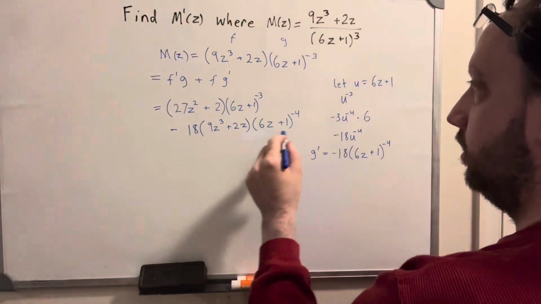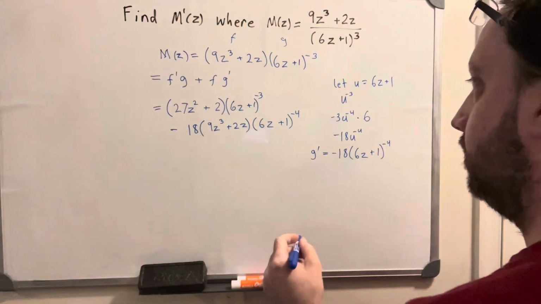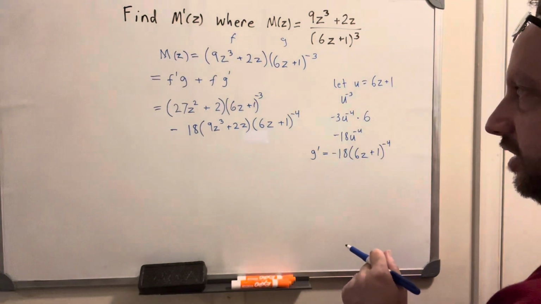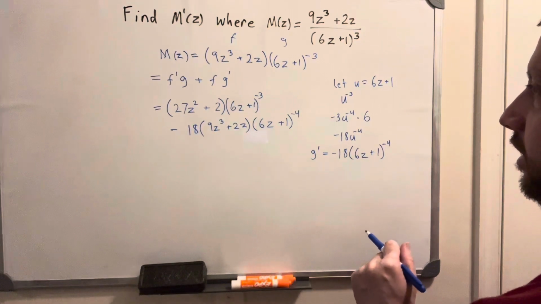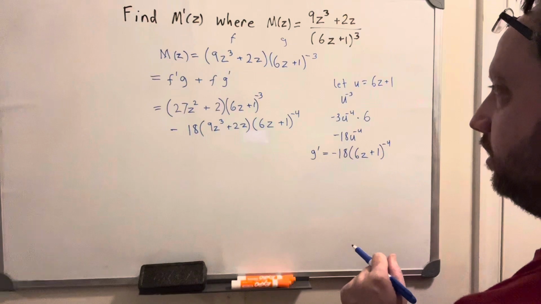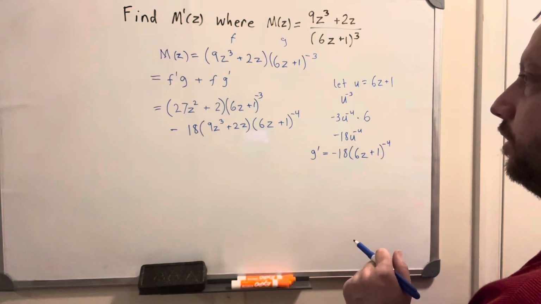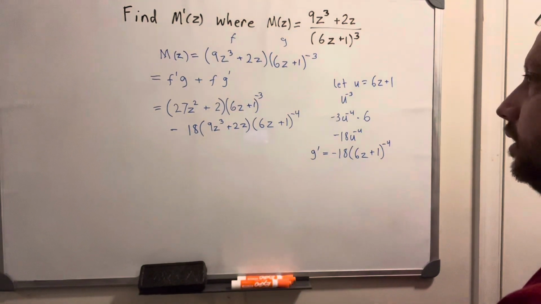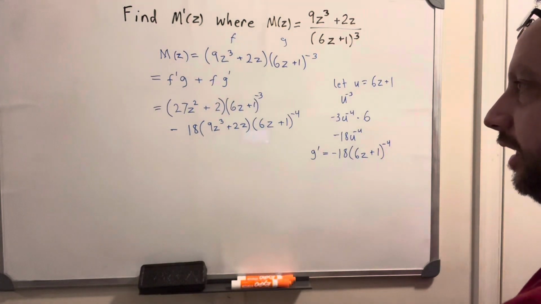And so this is m prime of z: 27z squared plus 2 times 6z plus 1 to the negative 3rd, minus 18 times 9z cubed plus 2z times 6z plus 1 to the negative 4th. And if you can factor that to make it simpler, that's spectacular.